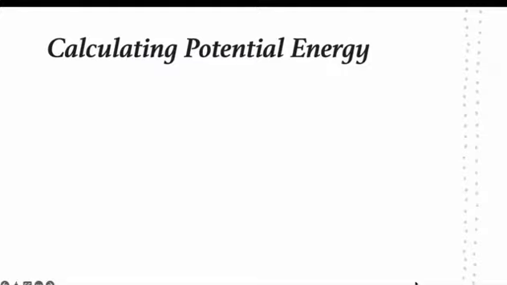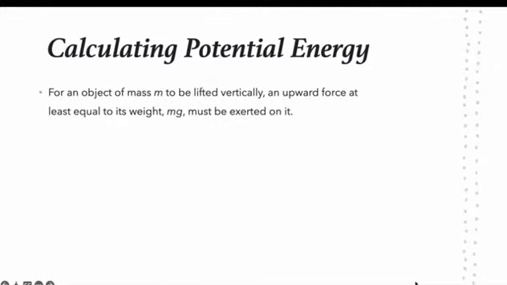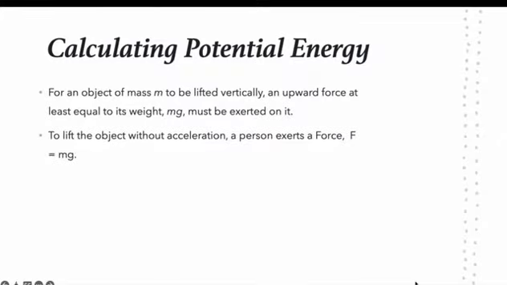But how do we find the value of potential energy? Well, let's see if we can use work to find out how work and energy are related. If I want to lift an object of mass m, then I need a force at least equal to its weight.